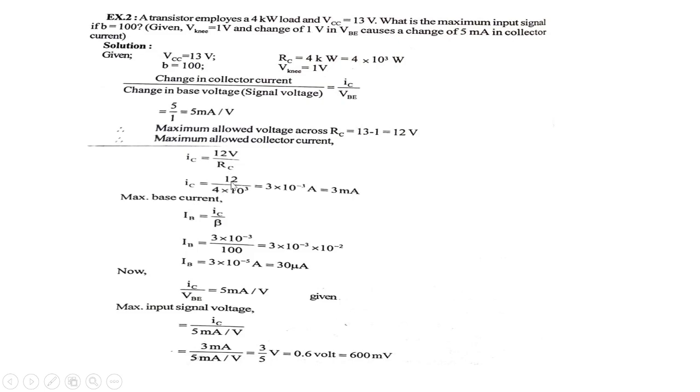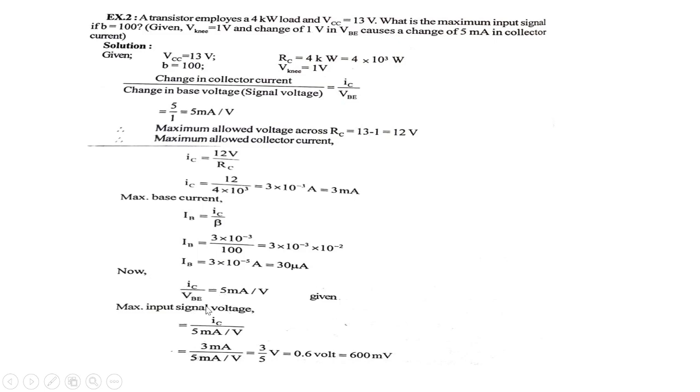Therefore, IC equal to 12 upon 4 into 10 raised to 3 equal to 3 into 10 raised to minus 3 ampere, that is equal to 3 milliampere. Now maximum base current IB equal to IC upon beta. So IB equal to 3 into 10 raised to minus 3 upon 100, that is equal to 3 into 10 raised to minus 3 into 10 raised to minus 2. So IB equal to 3 into 10 raised to minus 5 ampere, that is equal to 30 microampere.